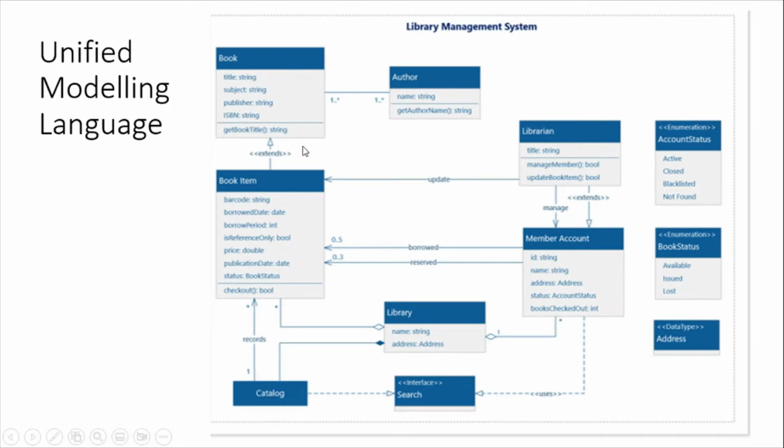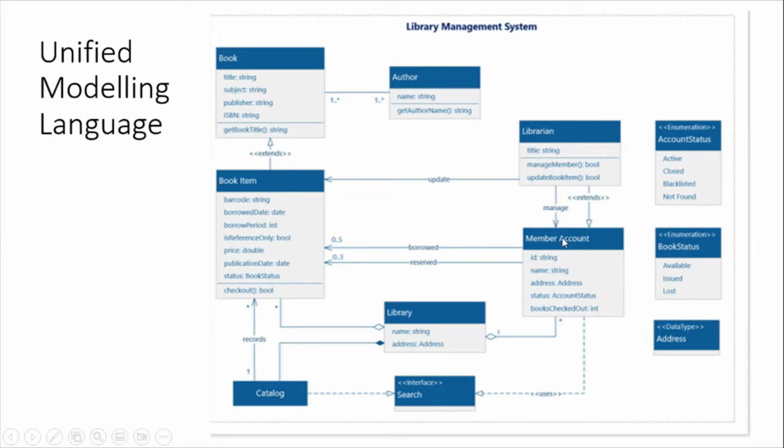Right? Then we do have the librarian class, for example. Librarian has a relationship with the book item in a case that the librarian updates the book item, the book information.